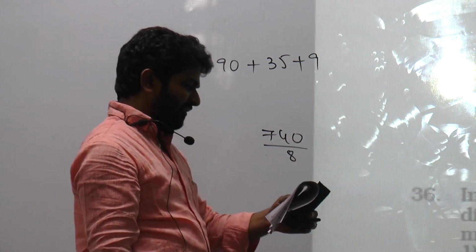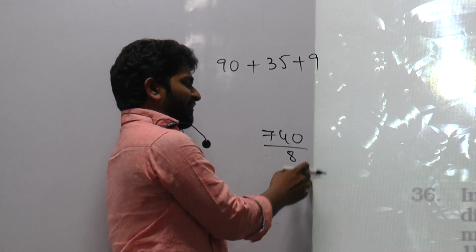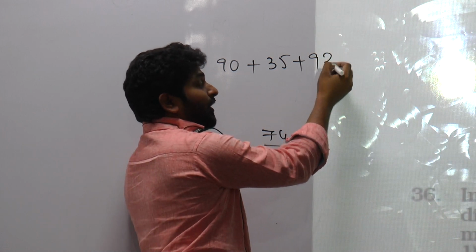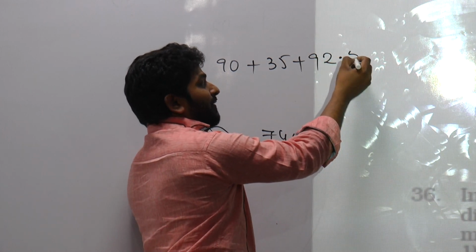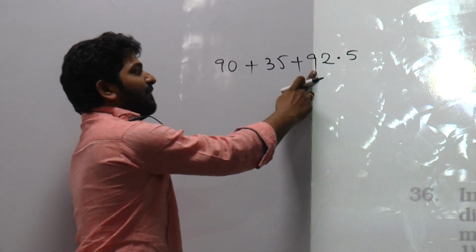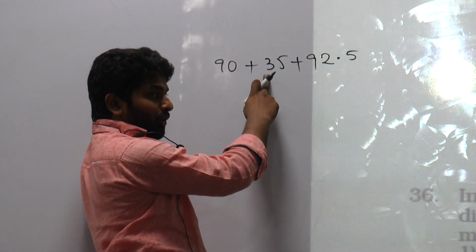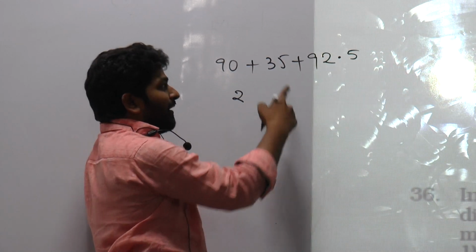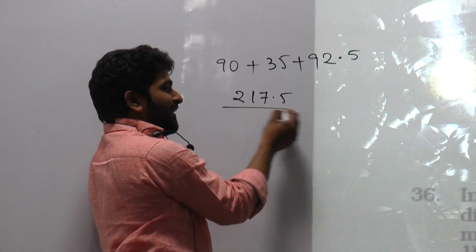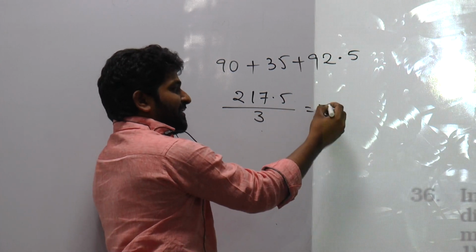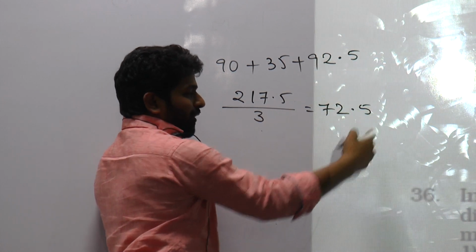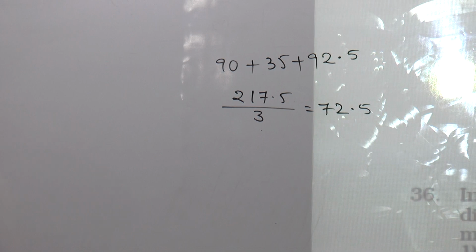That is 2 times 0.5. Now, as you asked about average, 90, 90, 180, 30, 210. Let me write 200 here and start with 10. 15, 17.5. 17.5, it is average by 3. 72.5 into 1000, in the sense 72,500 is the average.